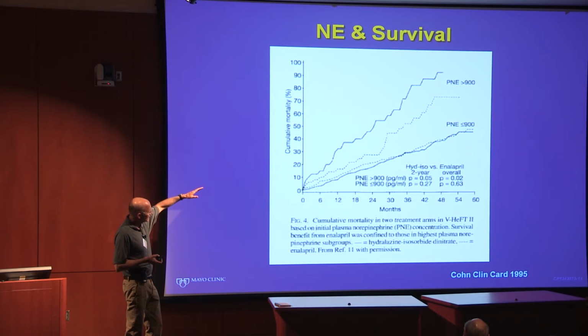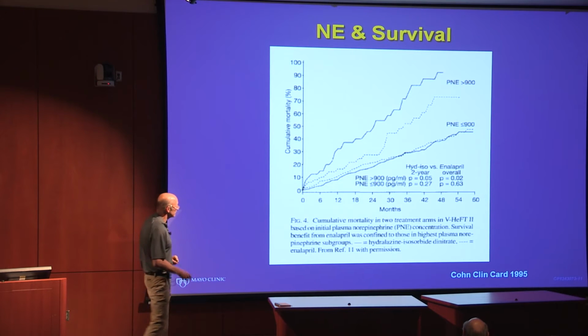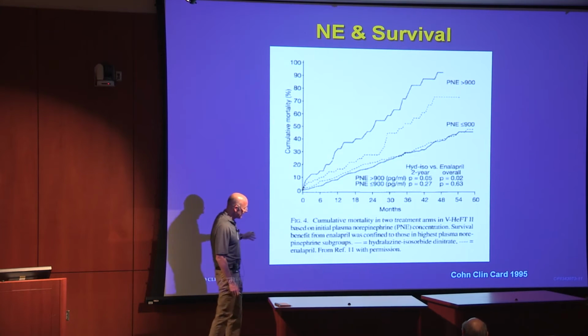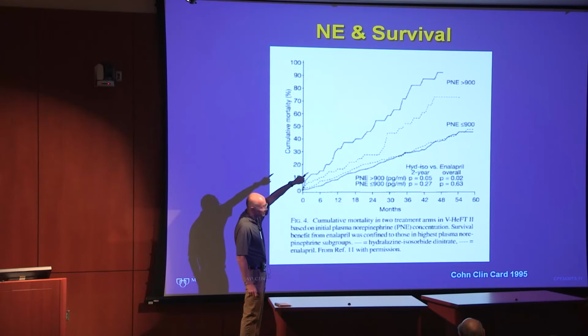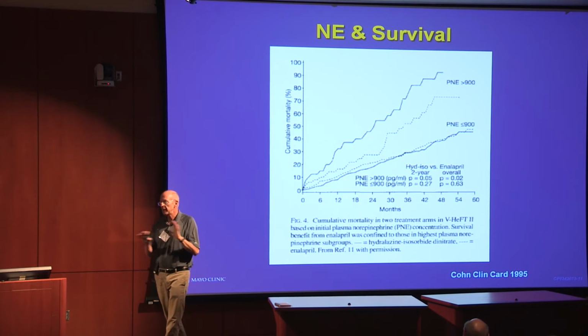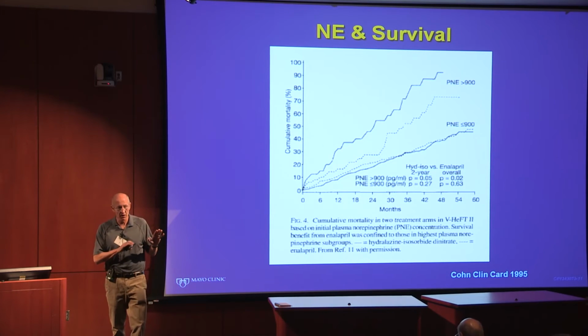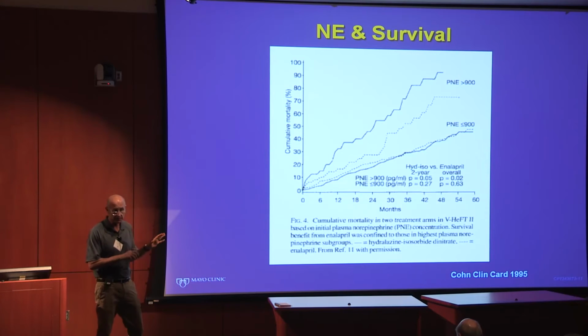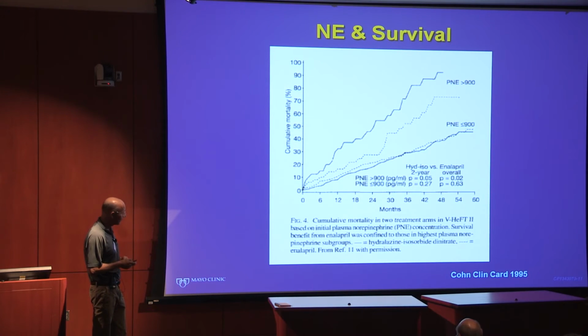You look at people with various treatments here, but the point is people that had plasma norepinephrines greater than 900, after about 5 years, almost 100% of them were dead, where people that had plasma norepinephrines less than 900, only about 50% of them were dead. And that's been shown repeatedly. And it's been shown for all sorts of other cardiovascular diseases and some other sympathoexcitatory diseases as well.